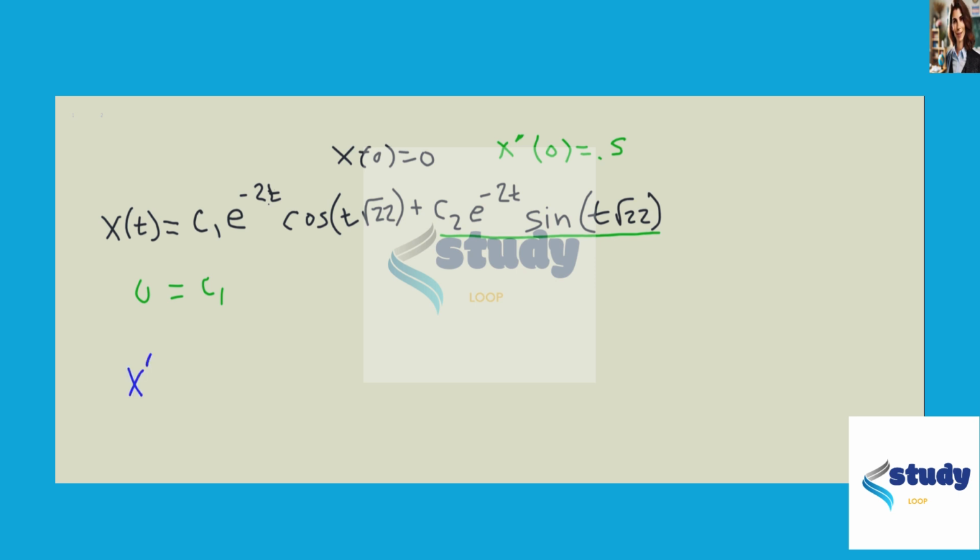So x prime of the second piece is going to equal negative 2 c2 e to the -2t sine, and as soon as I see that sine, I know it's going to wipe out this whole row.